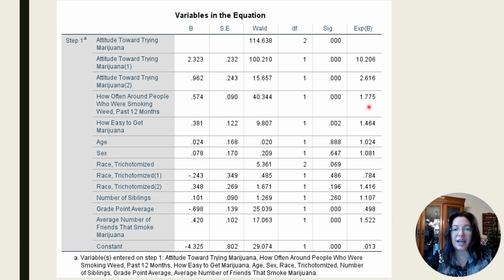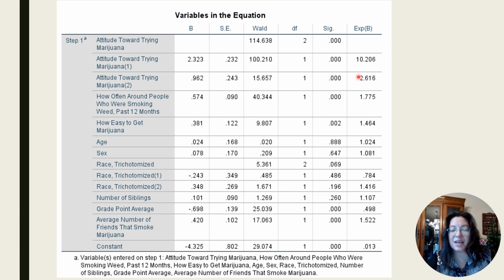And if you look here at the odds ratios in that last column, you can see that the most important variable for this is the attitudes towards trying marijuana.